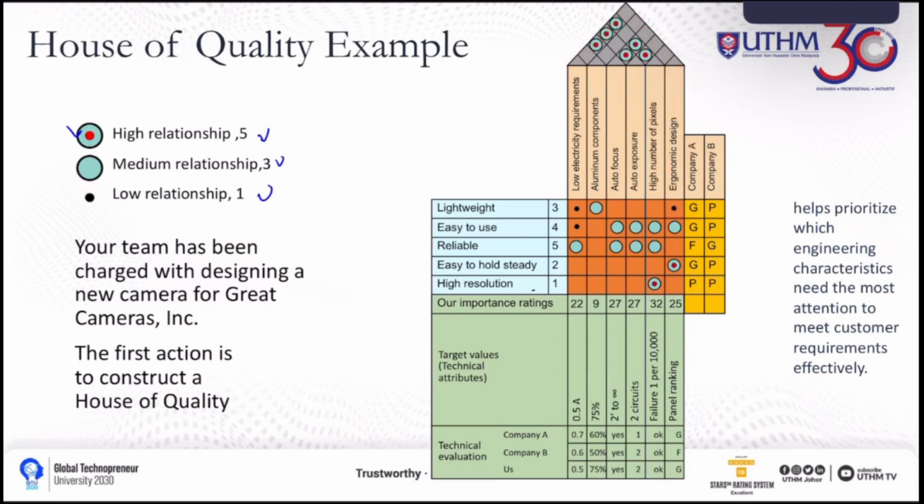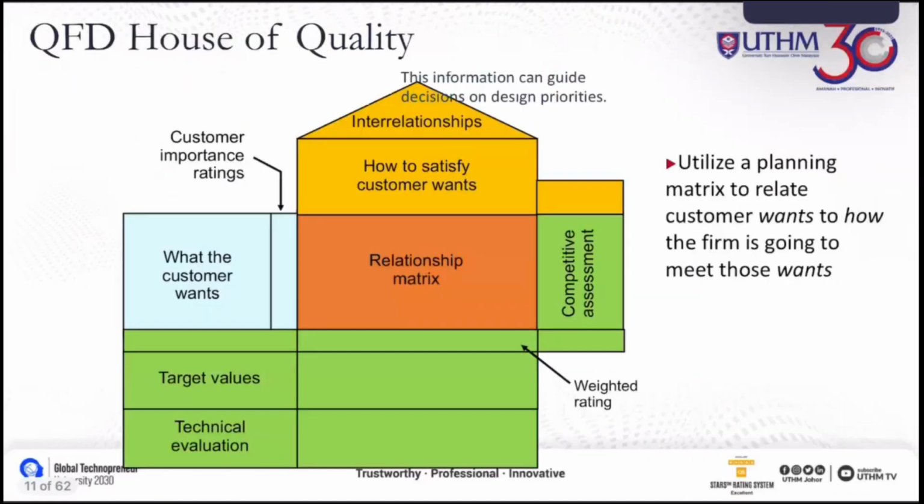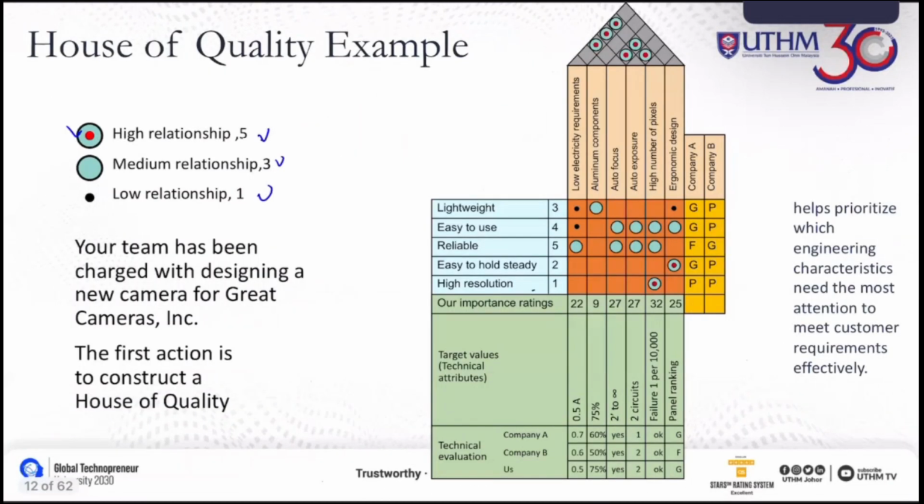Okay. Now on the right side is about the competitive assessments. So you conduct a survey, you have two competitor A and B. So between these customer ones, so you put the survey.